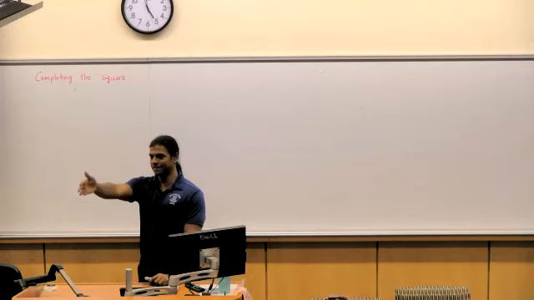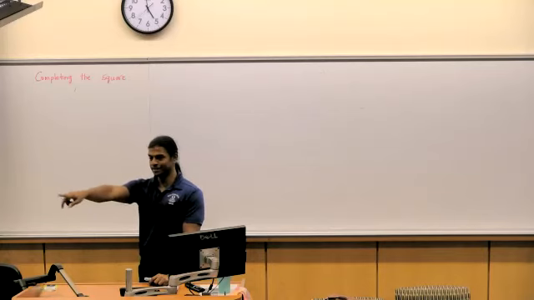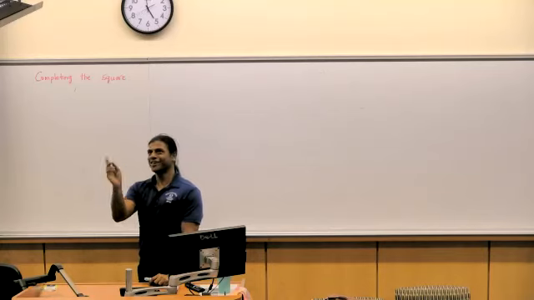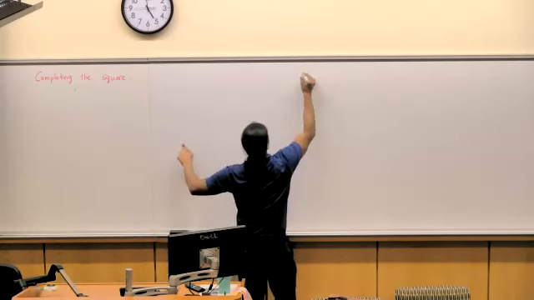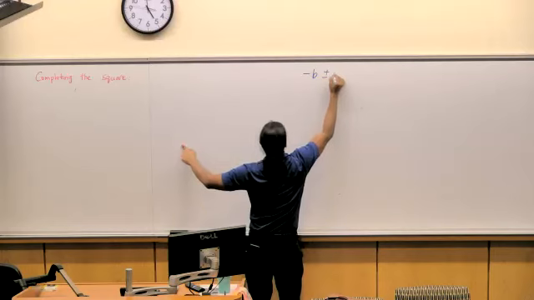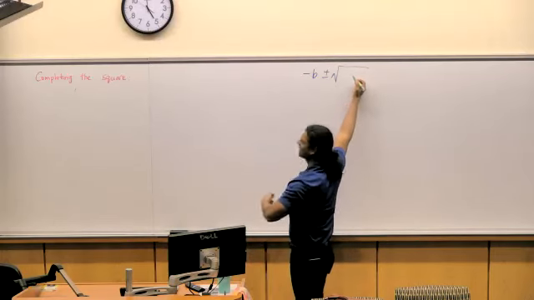One person at a time. Landry, you go first. At least bits and pieces, we can add them together. Negative b plus or minus the square root of something, all over 2a.